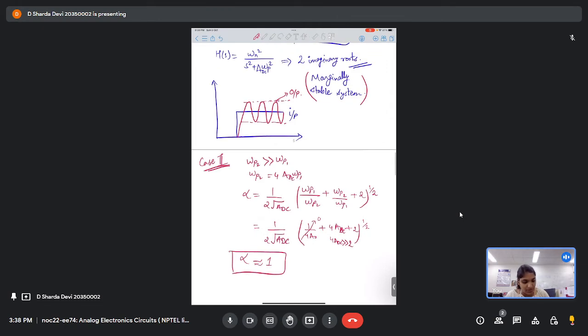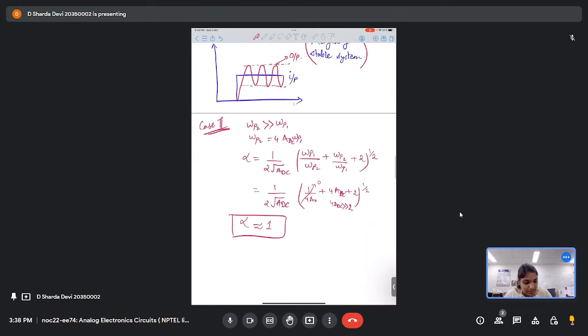So alpha becomes almost equal to 1. In this case, H of s will become omega n square upon s square plus 2 omega n s plus omega n square.